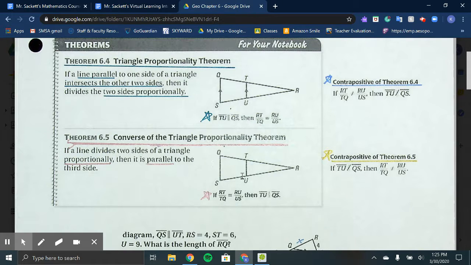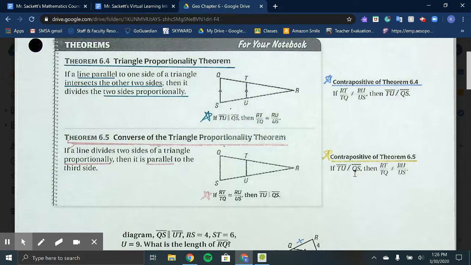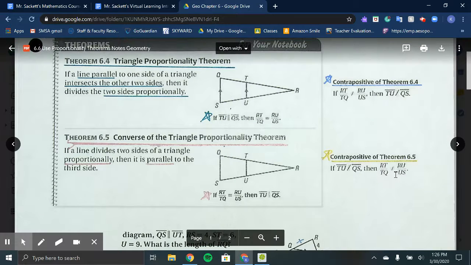Looking at this example, RT over TQ is equal to RU over US, then side TU is parallel to side QS. And on the right, we have the contrapositive to Theorem 6.5. If TU is not parallel to QS, then those segments are not proportional.